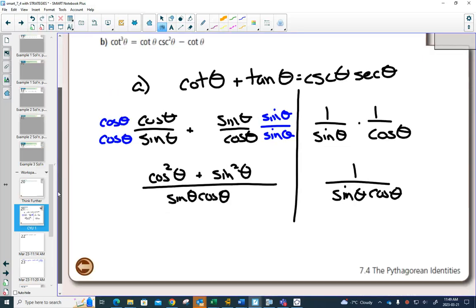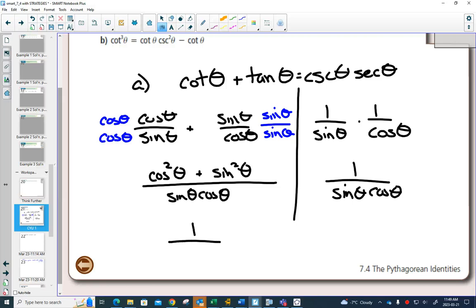That's one of my Pythagorean identities. So I change it to 1. No work has to be shown for that. Therefore, the left side equals the right side, and we are all done.